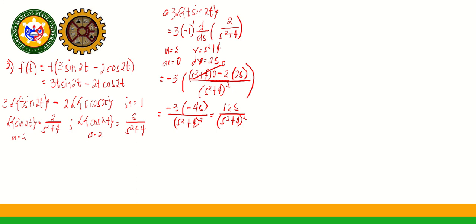Okay? And then at the Laplace transform of, inaka-isolate na si 2 ha. This will be equal to t cosine 2t. Okay. So, this will be equal to 2 times negative 1 raised to 1 since n naman natin is 1. And then, the first derivative of cosine 2t is s over s squared plus 4.